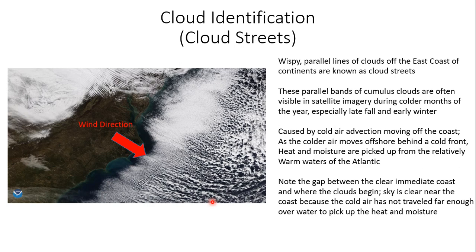Now let's move on to a discussion on a feature known as cloud streets. Now we're looking at the east coast in this visible satellite image. What happens, especially in wintertime, is you get cold, dry, continental polar air that tends to blow from the northwest, pushing this cold continental polar air into the eastern seaboard.